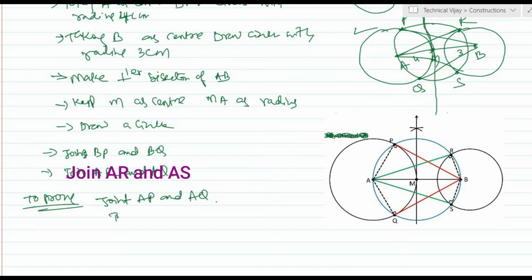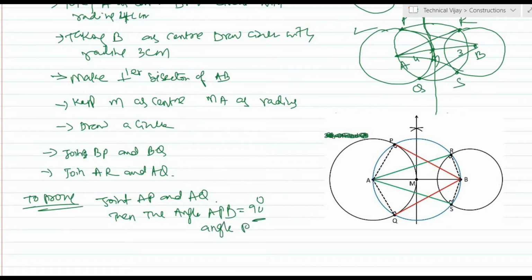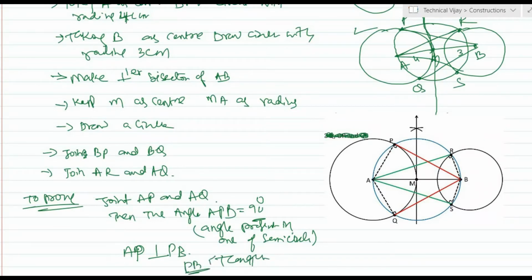Then angle APB is equal to 90 degrees, because the angle in a semicircle is a right angle. So AP is perpendicular to PB, hence PB is a tangent.